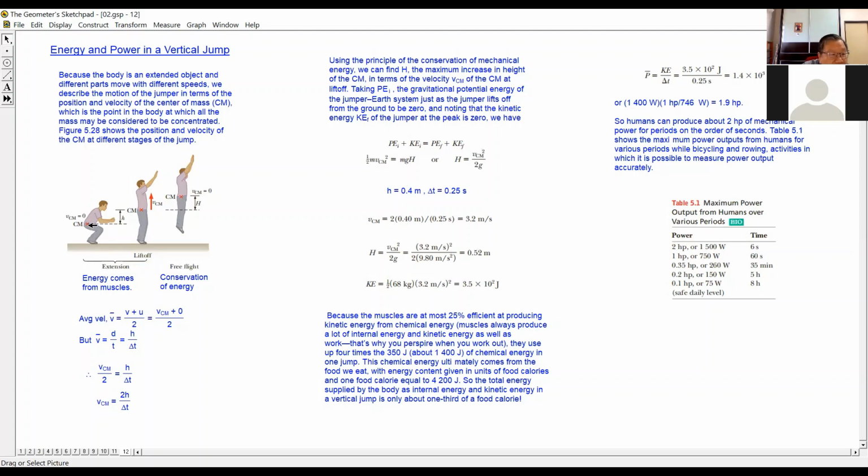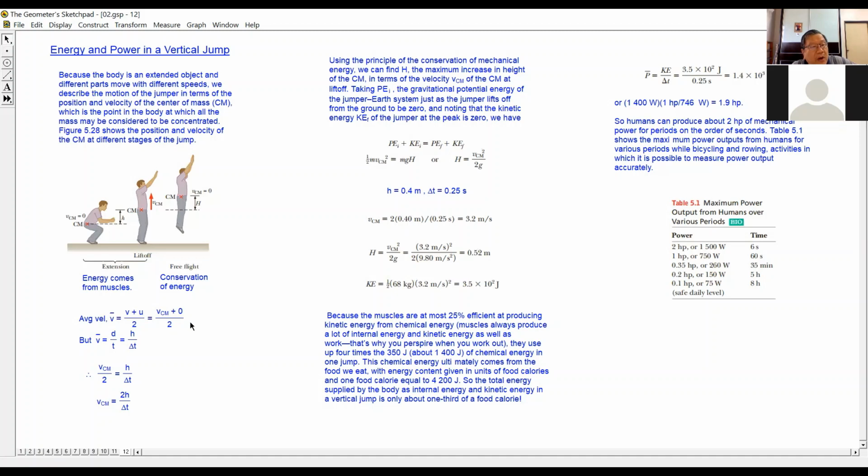The initial velocity is 0, the final velocity is VCM. So the average velocity is VCM plus 0 divided by 2.